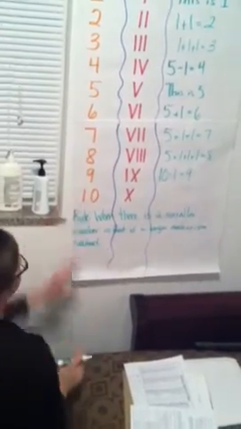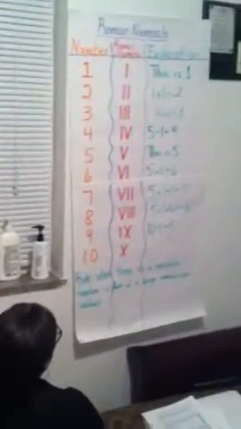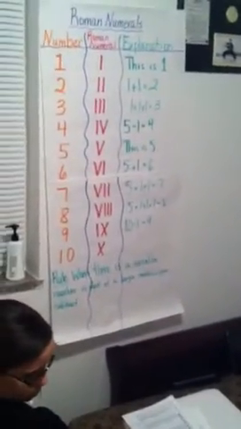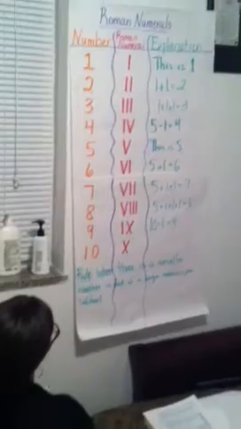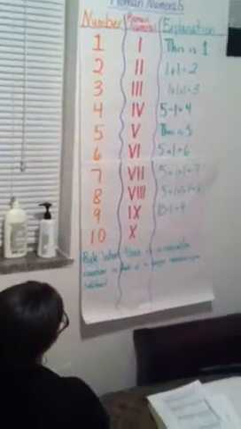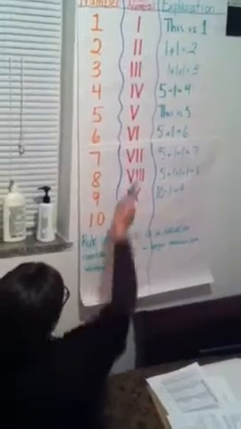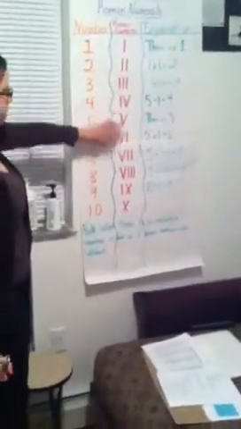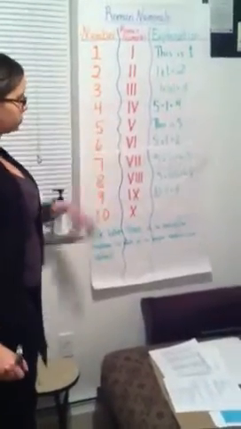And what did we say was the rule for, let's say, number 6? What's the rule there? 5 plus 1. Right, so what are they doing? If there is a number on the right side, what are they doing? Do we notice that 4 and 6 have the same symbols, but they look different?